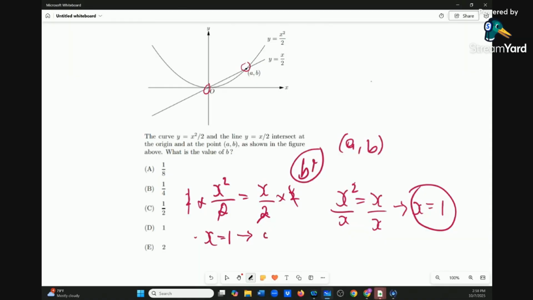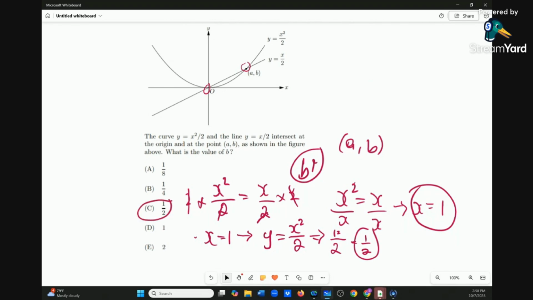Let's say we use the second equation, y equals x divided by 2. It doesn't matter which one you use. If you use the x squared divided by 2, it should still give you the same answer. This gives me 1 squared divided by 2 because I'm plugging in 1 for x. And my answer is 1/2. So b is 1/2, and that will be my answer.